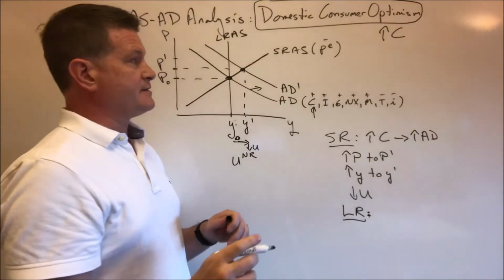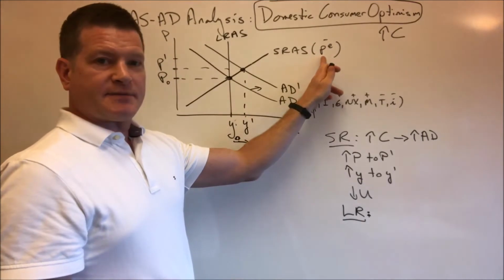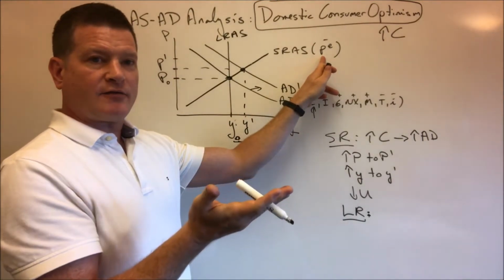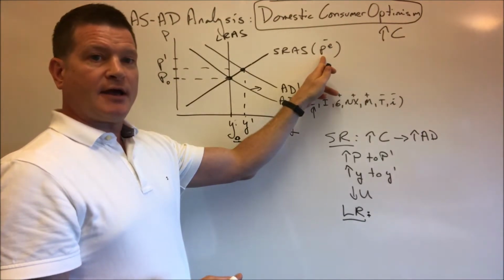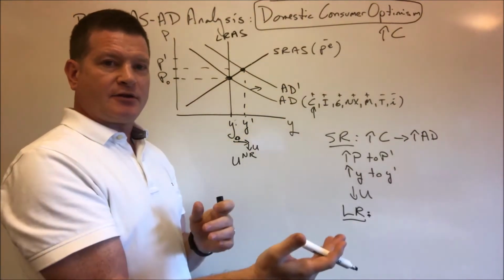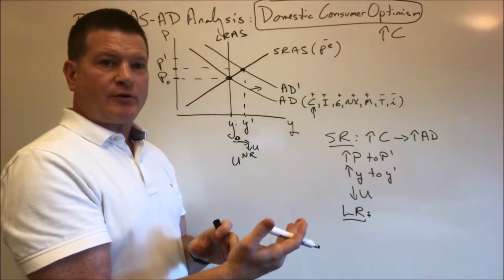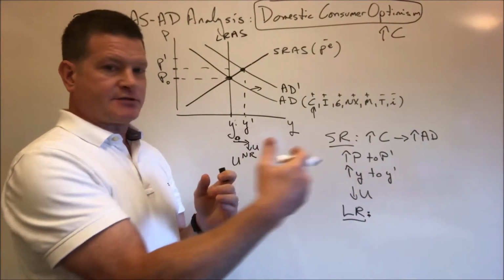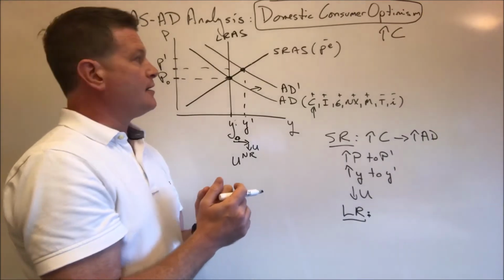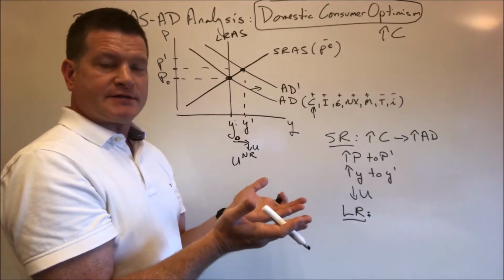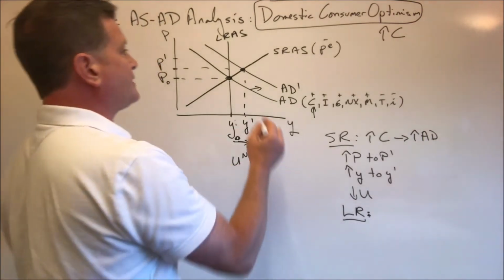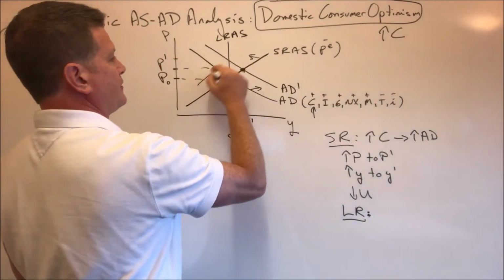All of that means that price expectations begin to rise. There is an expectation of a higher price level coming up in the future as individuals begin to negotiate prices with their employers, suppliers with their clients, and so on and so forth down the chain. That pushes up the input prices in all the goods and service industries in the economy and contracts the short run aggregate supply curve.